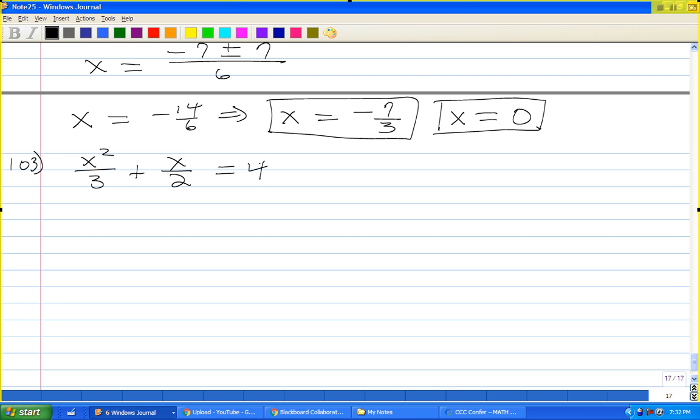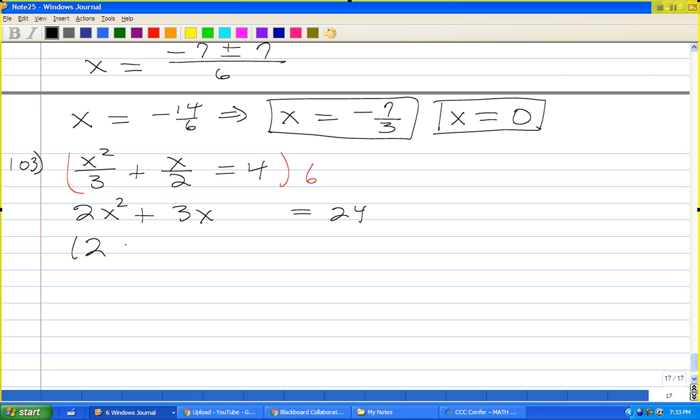Let me multiply by 6 to get rid of the denominator. And so 6 divided by 3 is 2. 6 divided by 2 is 3. 6 times 4 is 24.